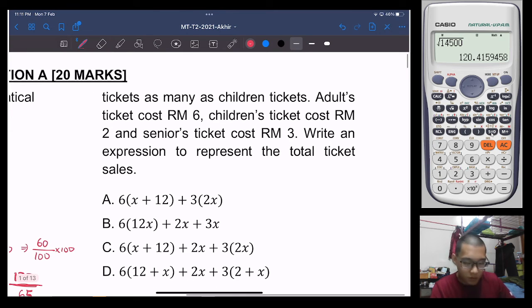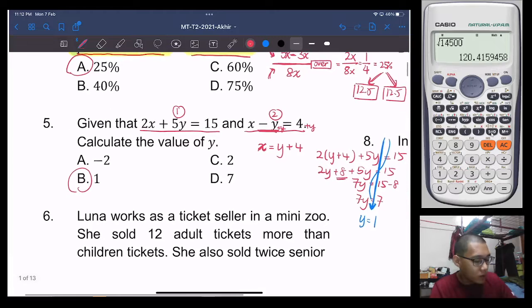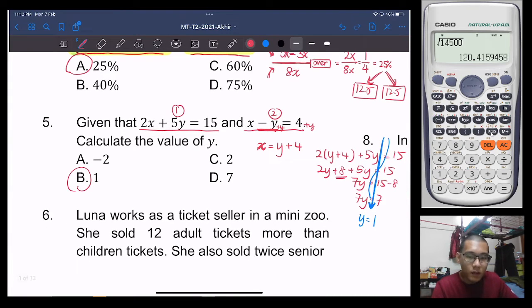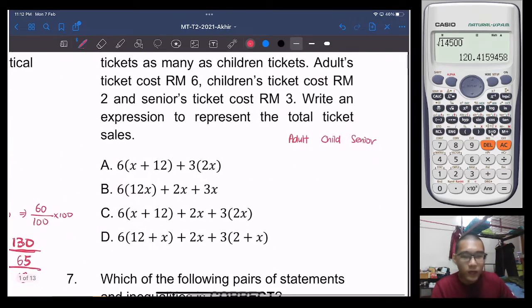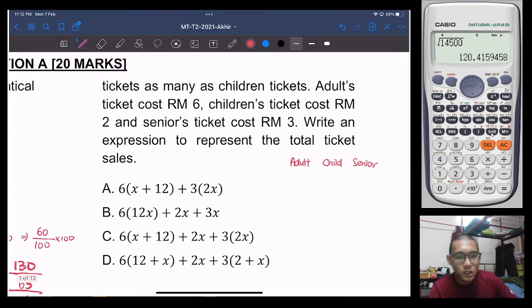Before we write the expression, make sure we understand. We have adult tickets, children tickets, and senior tickets. We know there are 12 adult tickets more than children tickets. Which one do we need to put as the unknown? The senior tickets are double as many as children tickets.